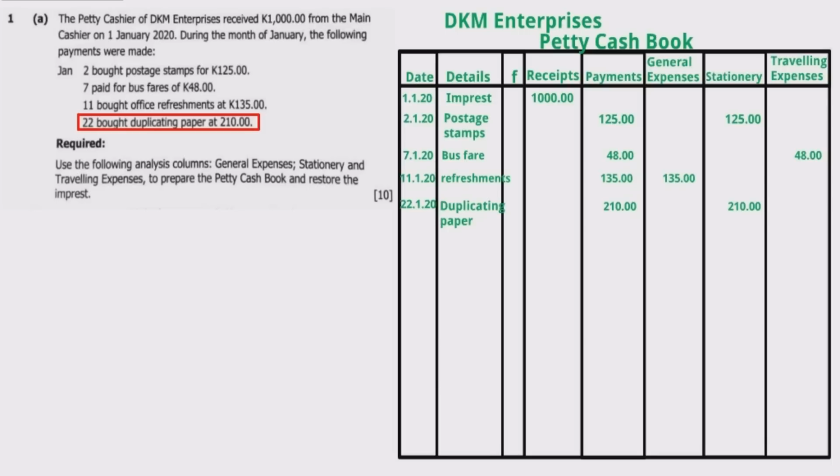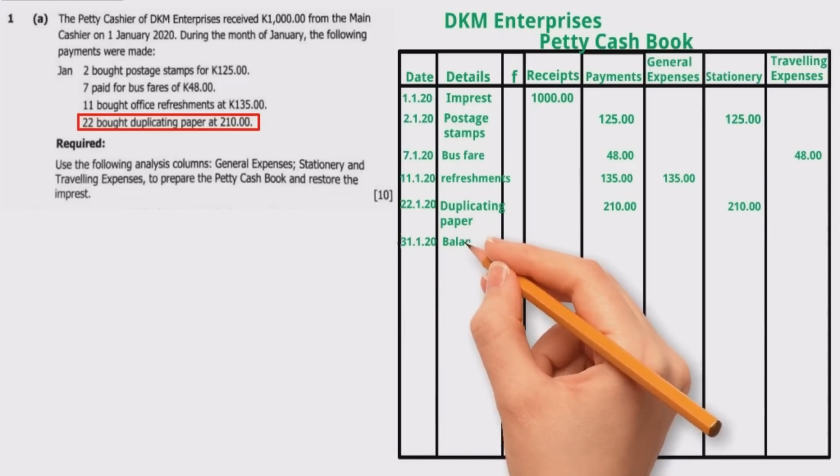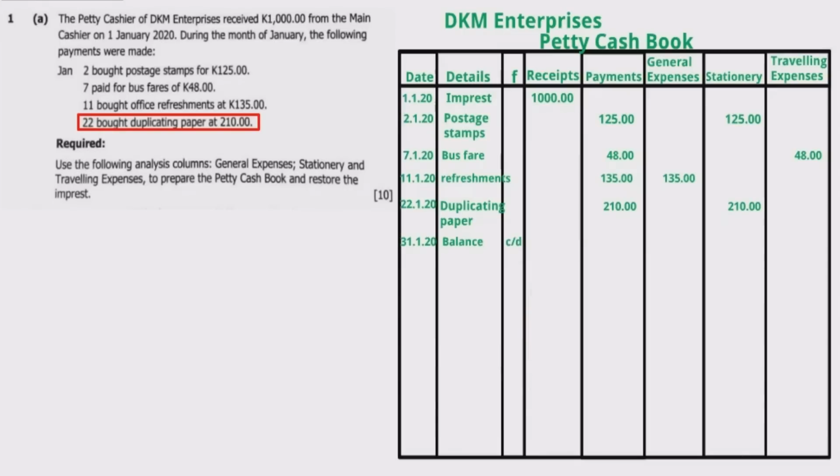Before we come up with the totals, I want to prepare this petty cash book on 31st January 2020. So we're going to write balance carried down. What we're going to do is find the total of what was spent.